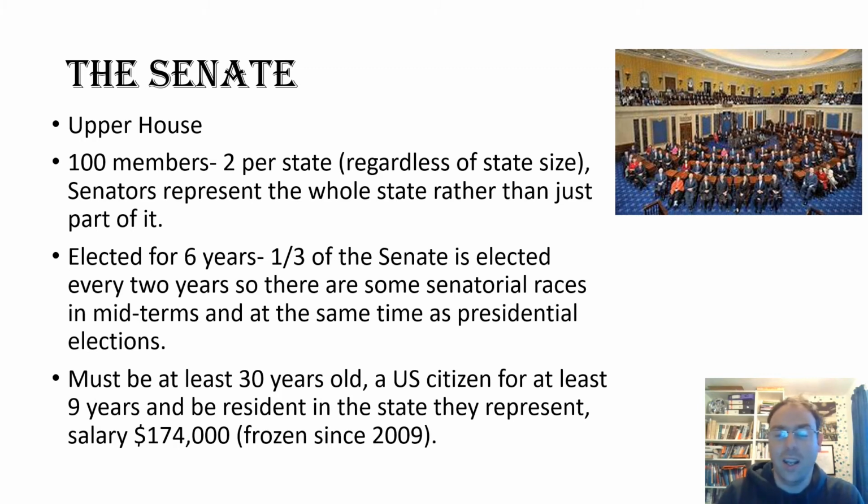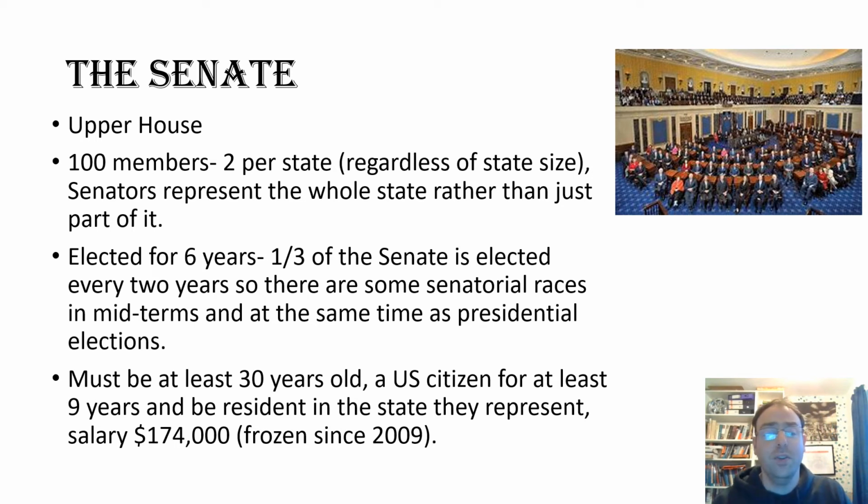So it really is quite disproportionate in the Senate in terms of the representation, and this has a really important role because a lot of the smaller states, smaller in population size, have a disproportionate say in how things happen in America. A senator, unlike a congressman or a congresswoman, represents the whole state rather than a particular part of it. So we don't have the same issues with boundaries being drawn up.